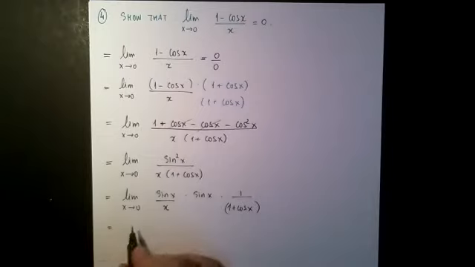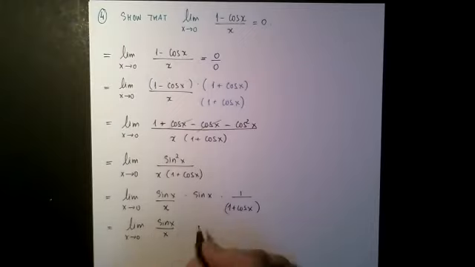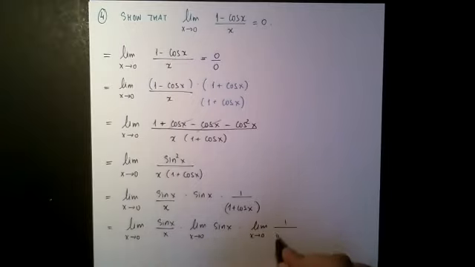So I will separate the limit: the limit as x approaches 0 of sine x over x, times the limit as x approaches 0 of sine x, times the limit as x approaches 0 of 1 over 1 plus cos x. Three limits. This is 1.